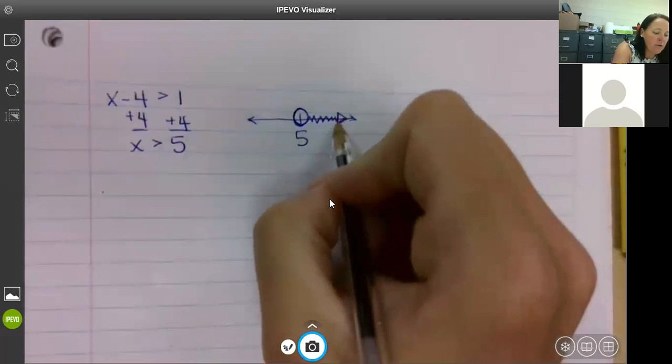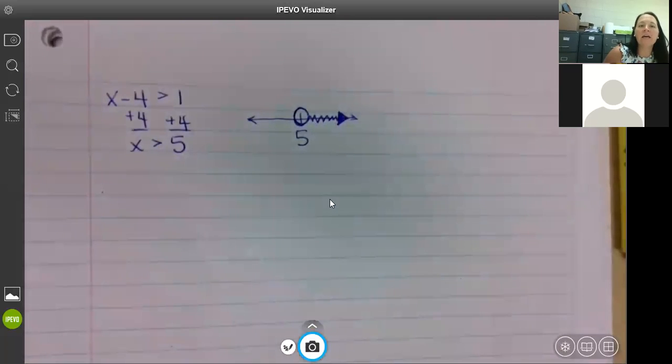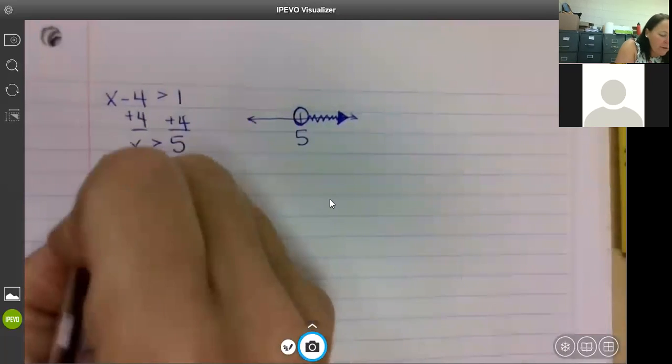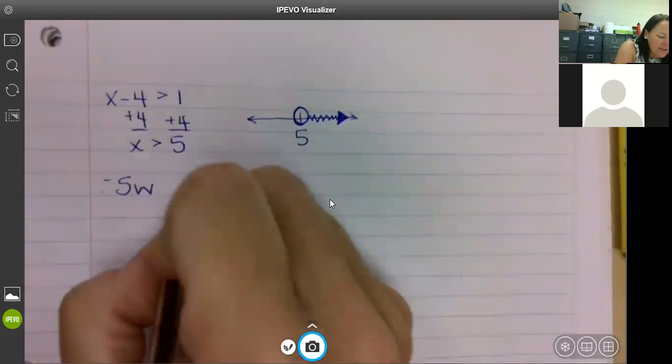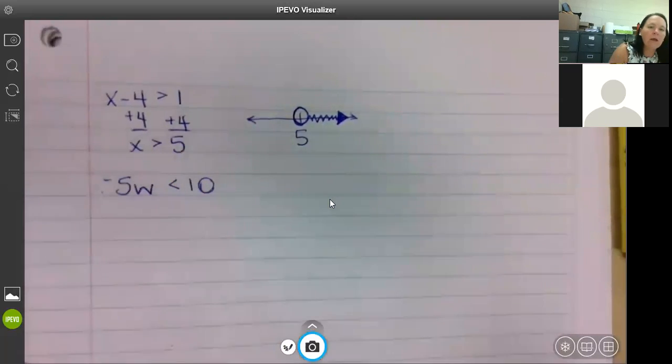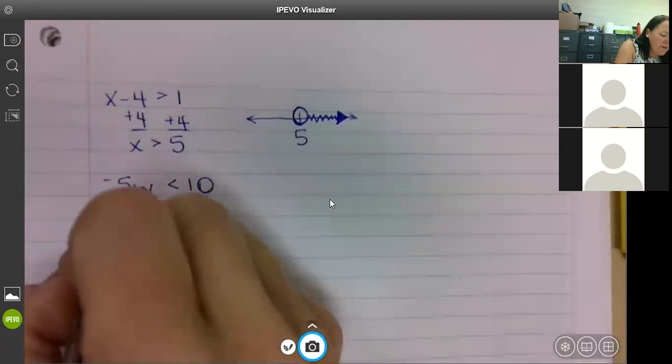So just a review of what we did yesterday. Again, all we're doing is practicing this again. I'm going to give you a 2-step one in a minute. Let me do this one, which is important. Negative 5w is less than 10. How do I solve this one? Divide by negative 5. Perfect.